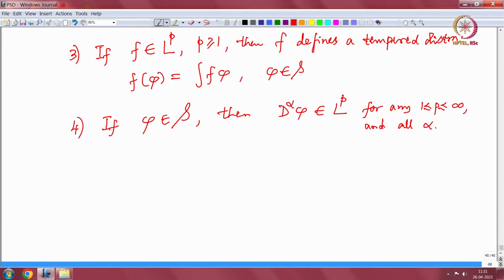Okay. So, this is an important thing we use all the time. Let me just do it for alpha equal to 0, that means just the function phi.